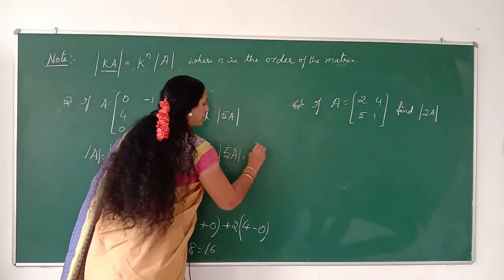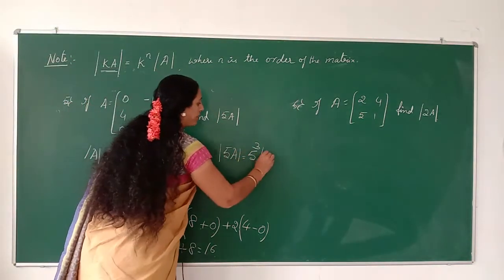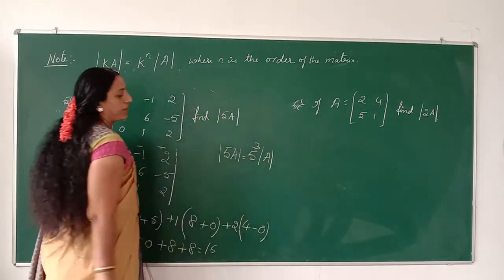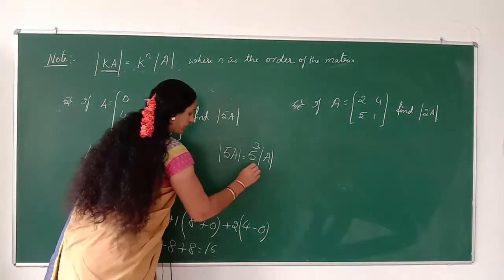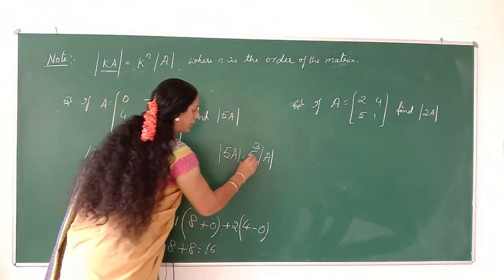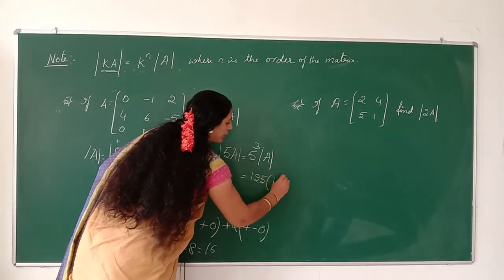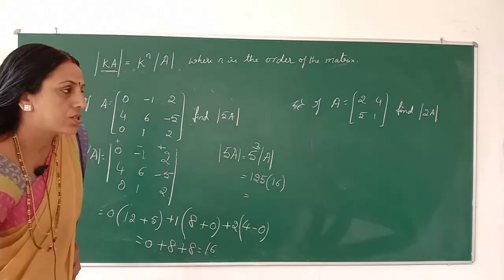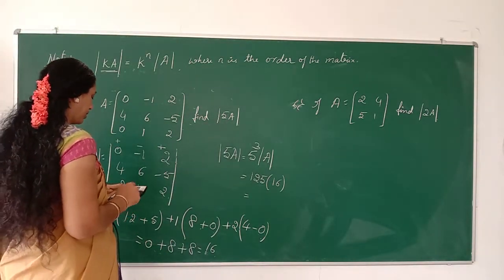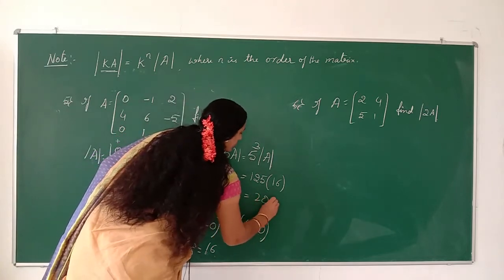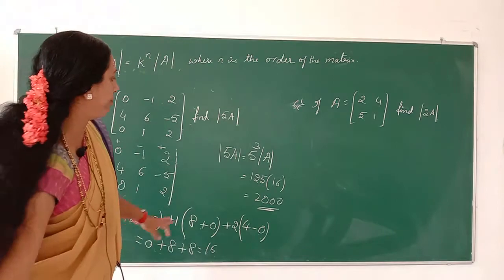That is 5 to the power of 3 into the determinant of A. Therefore, the determinant of A is 16, and 5 cube is 125. That is 125 into 16. After multiplying, it will be equal to 2000. So that is the value of the determinant of 5 into A.